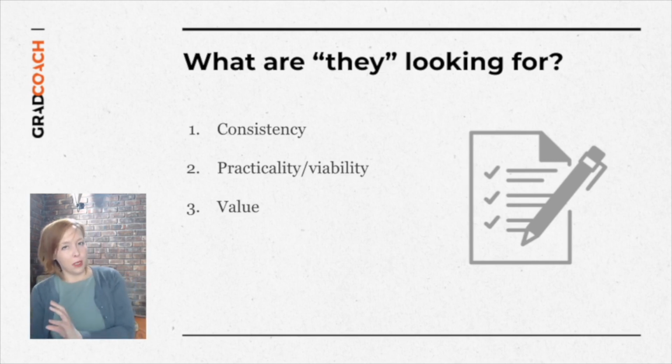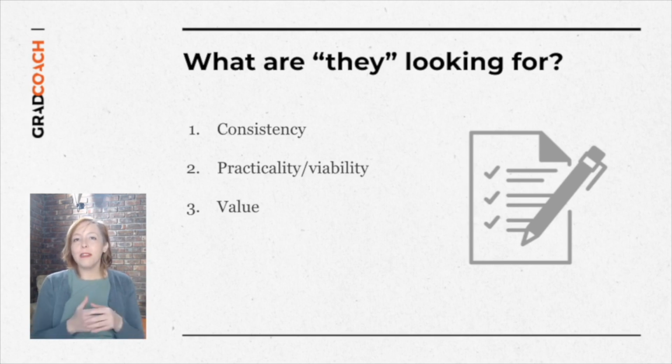From an academic perspective, you also need to show value. You need to show that this research is of some academic interest. It doesn't mean that it's been studied extensively at all, but that there is some interest around this topic broadly for academic purposes too.